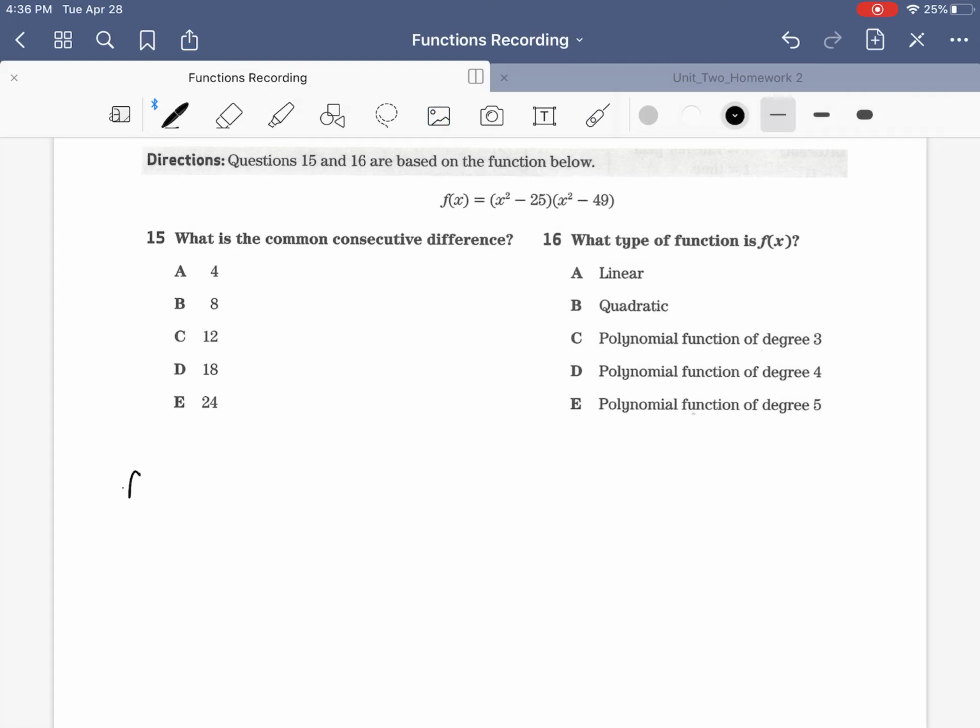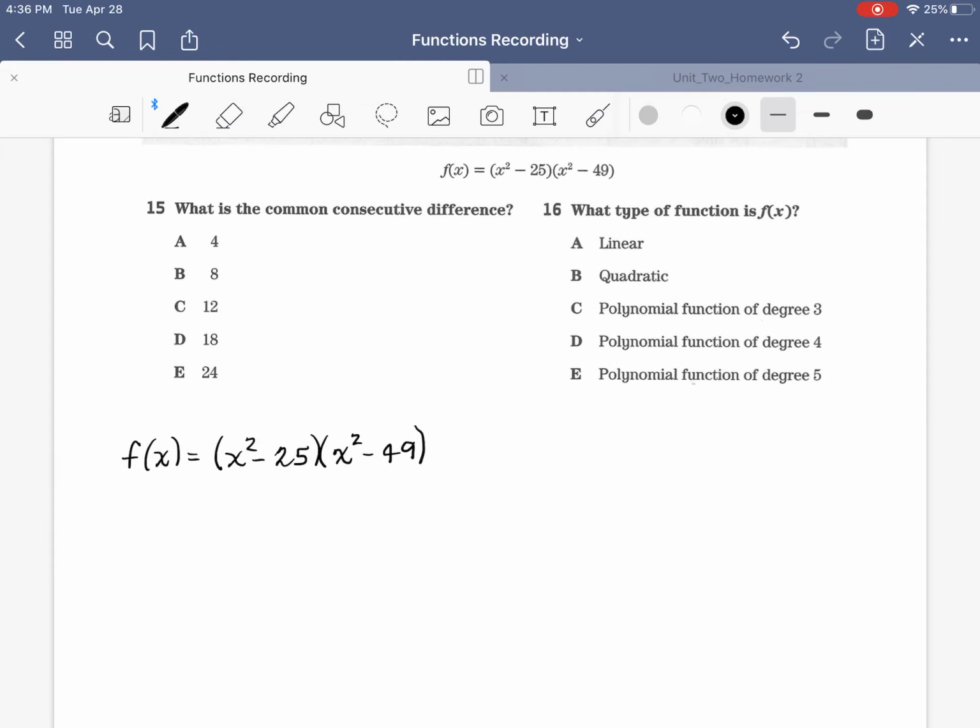Here's your function. And you've learned, if you've had FOIL, to simplify a function or an equation using that FOIL method. The way that I taught my folks to do that was just to write the acronym and then to take each step at a time.